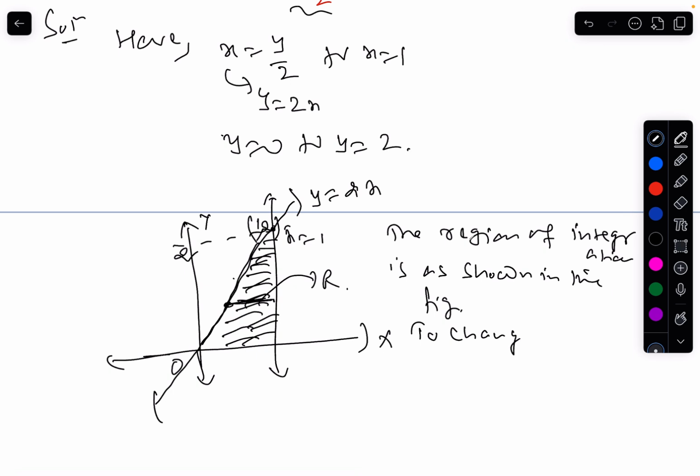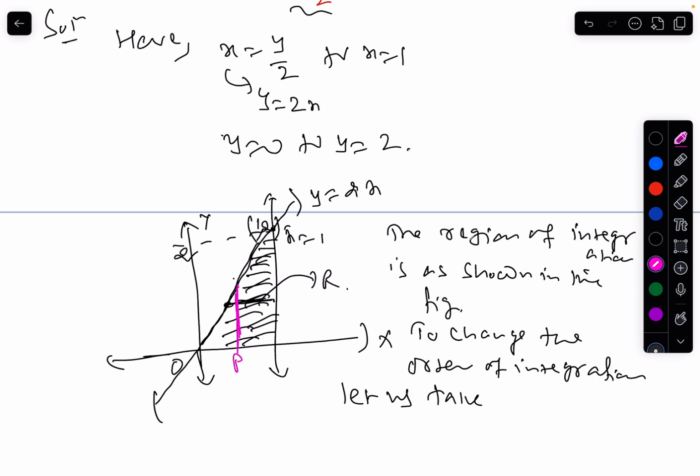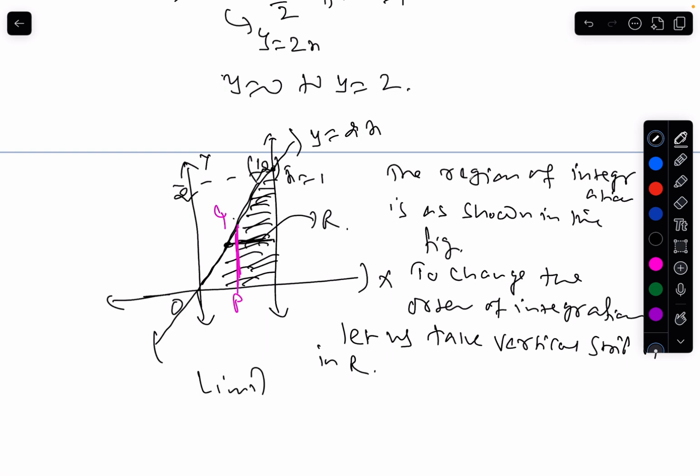Now to change the order of integration, let us take, now here we need to integrate first with respect to y. So let us take a horizontal strip, sorry, vertical strip PQ in the region R. And now we find the limits.